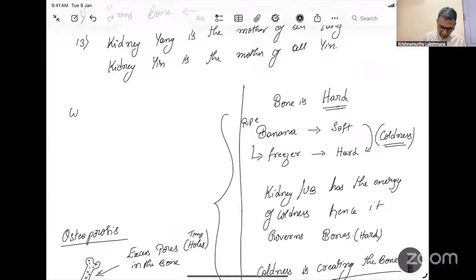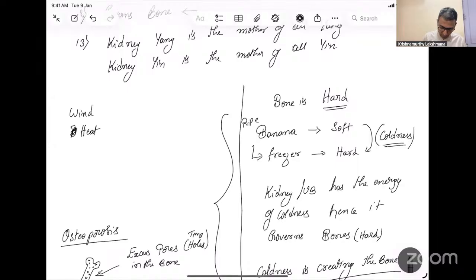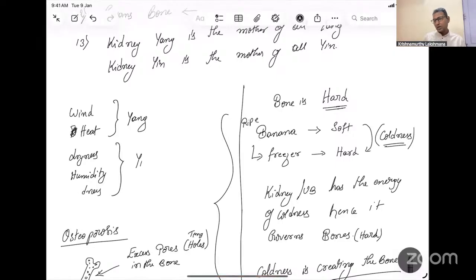Wind, fire, heat, dryness, humidity, and coldness. Okay, these two are yang, and these 3 are yin.